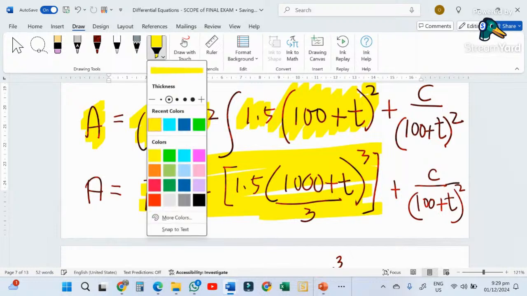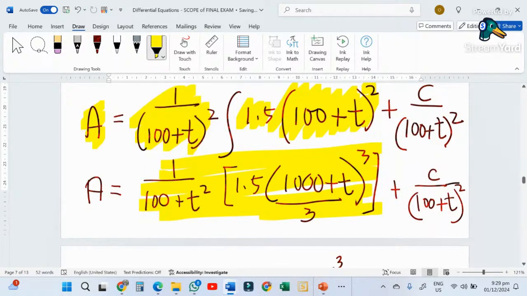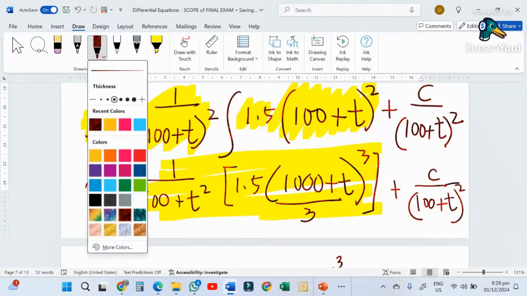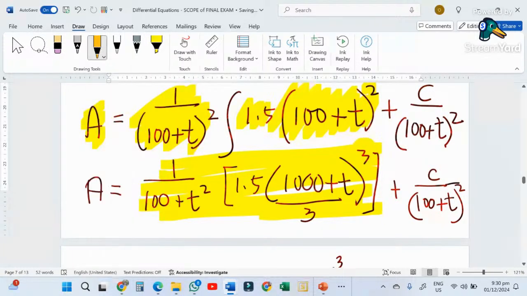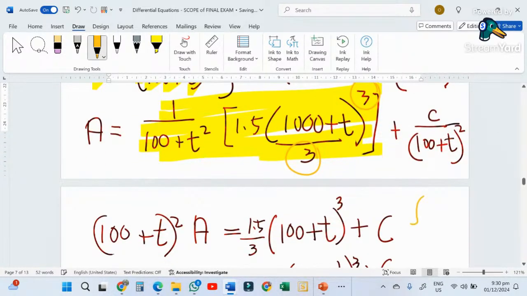when you're going to integrate 100 plus t squared, you will do plus 1 for the power. So it becomes 3. And the denominator will also be 3. So just to help you recall, the integral of x dx will be x to the power 2 over 2. The integral of x cubed is equal to x to the power 4 over 4.